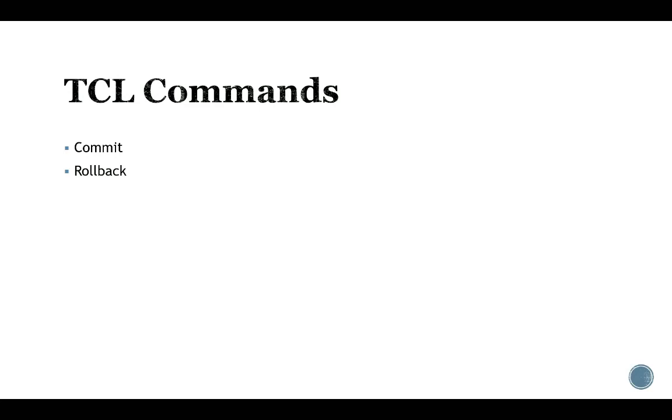Let us take a simple example of your Excel sheet or your Word document. After you type a text in the document, you need to press Control S to save the changes you have done. Even if you are not saving it, the data may be auto saved, meaning your operating system will automatically save the data.